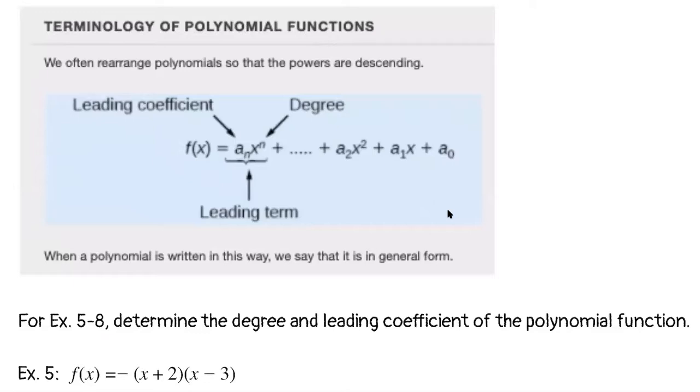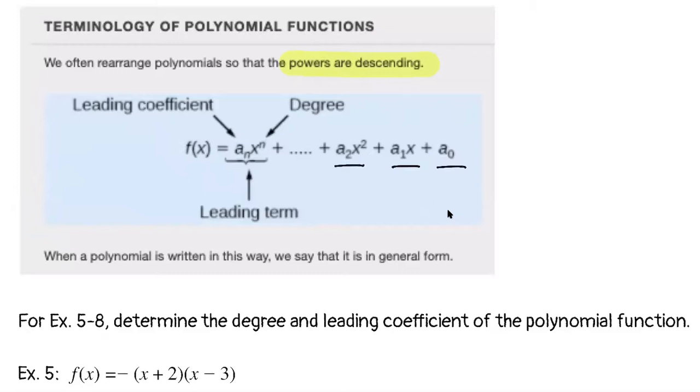In general, we arrange them so the powers go from the biggest power to the lowest power. We can see the x squared, then the first power, and the 0 power, so it could go up as high as we have in whatever problem.